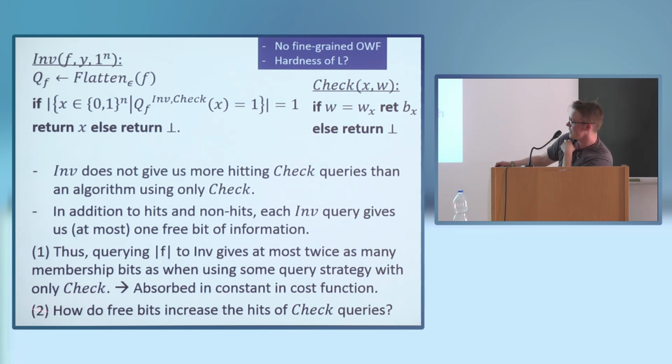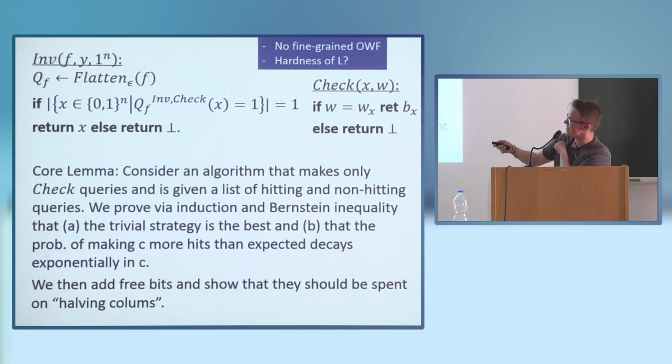The second question is, how do free bits increase the hits of these check queries? There we have a very nice core lemma that essentially designs a trivial strategy that I will not go into now, and proves that any adversary cannot do better than the trivial strategy.